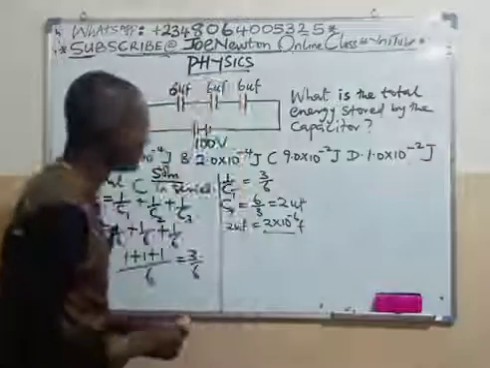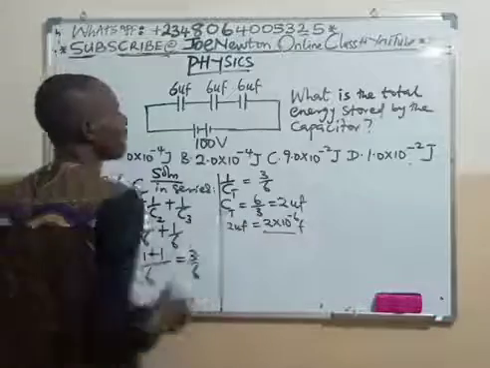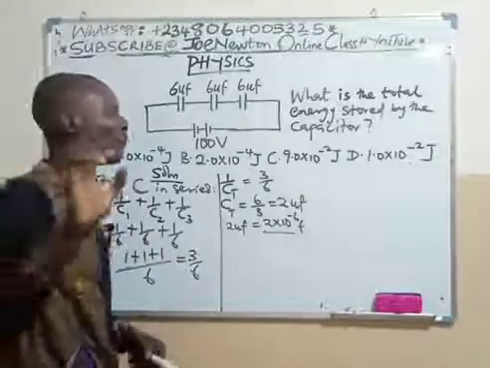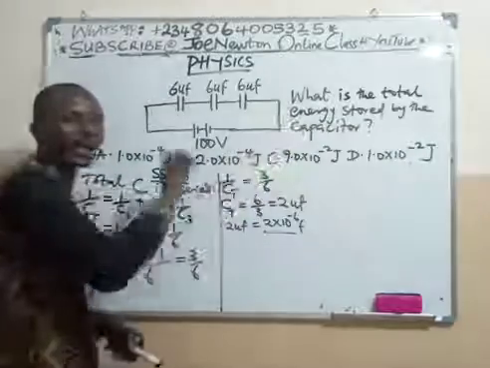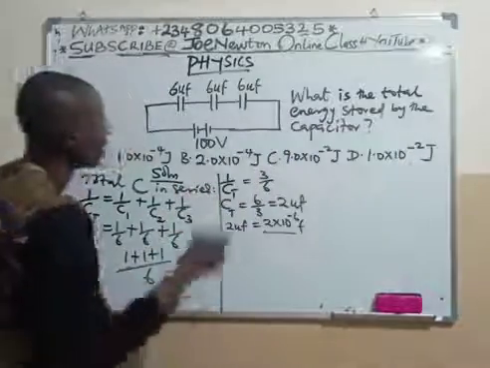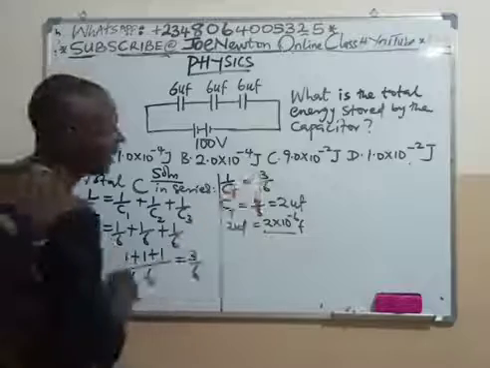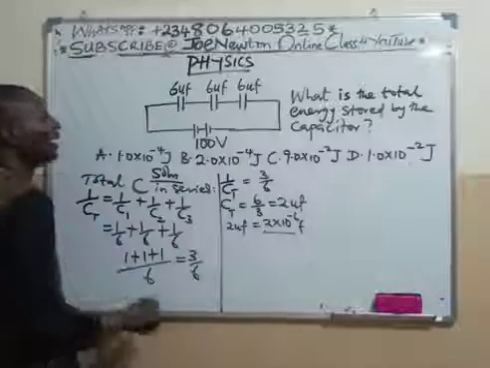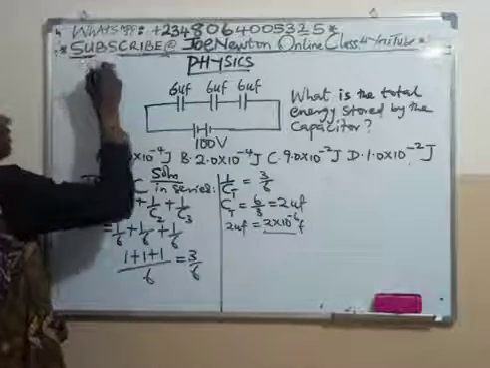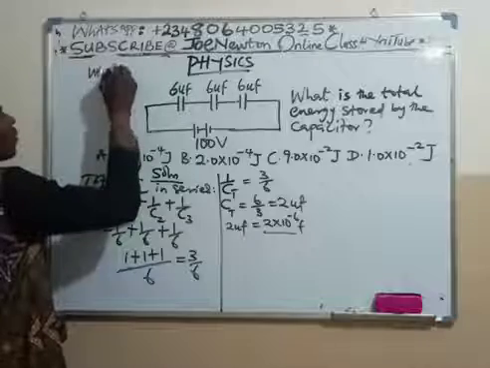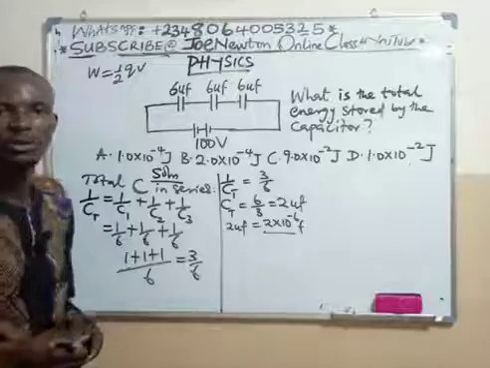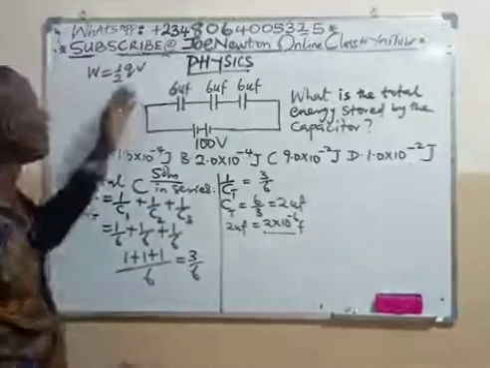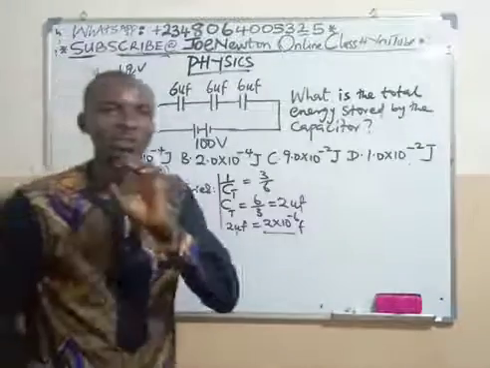Then the next thing is for us to find the appropriate formula for calculating the work done or the energy stored in the capacitor. The general formula is that the energy stored in the capacitor is given by W equals 1 over 2 QV, that is half Q times V, where V is the voltage and Q is the charge stored.